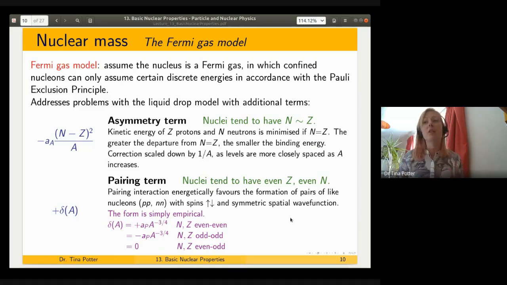And this gives us a symmetric spatial wave function, and it's going to give us a lower overall energy state. So when we've got the pairs of spins, one up, one down, we actually have a symmetric spatial wave function, and we have minimized our energy overall. So we're adding something here to increase the binding energy if it's an even nucleus, and subtracting something if it's odd.